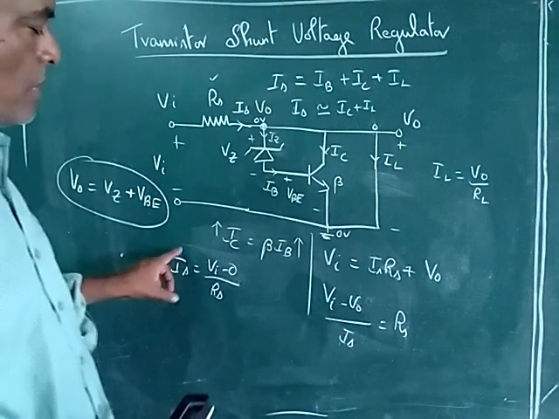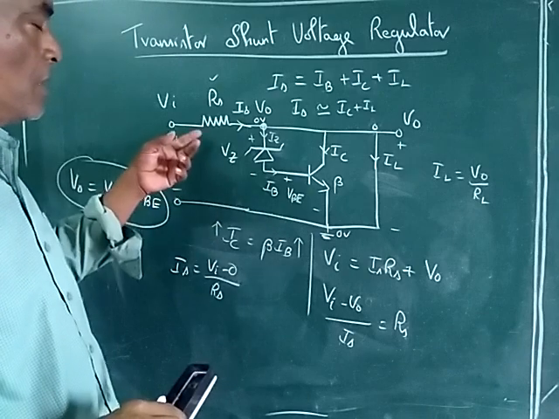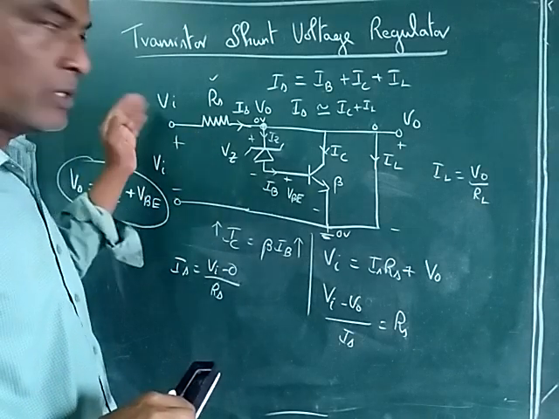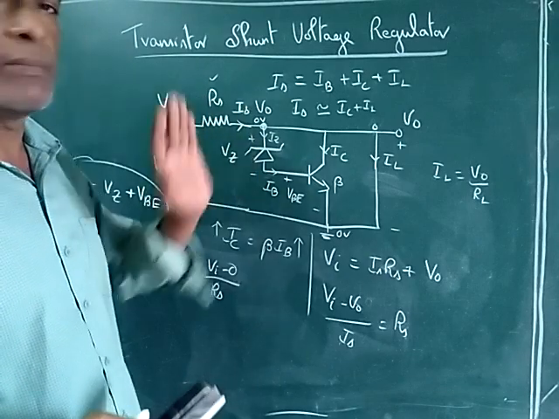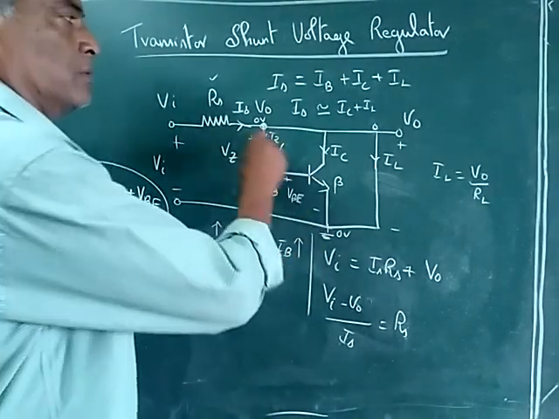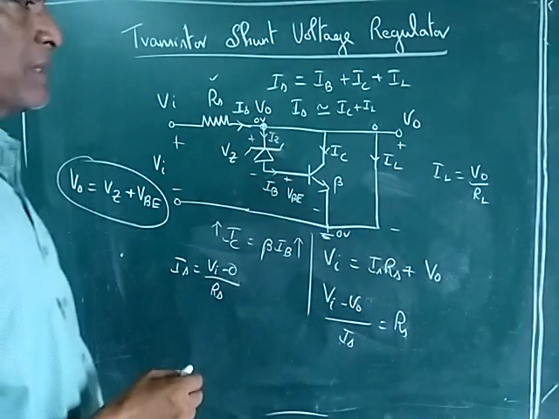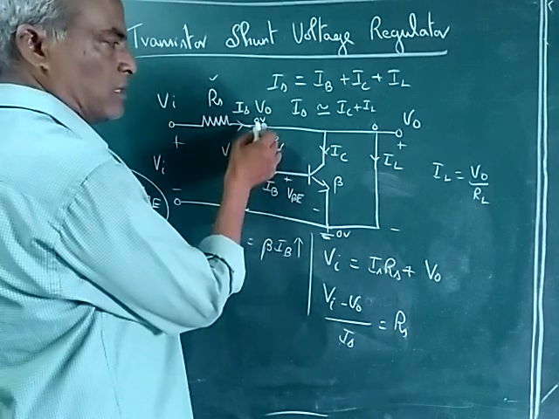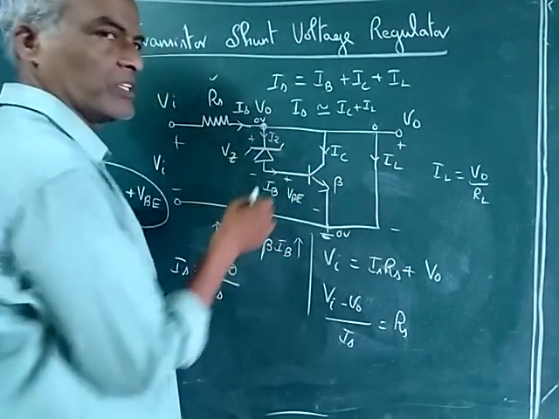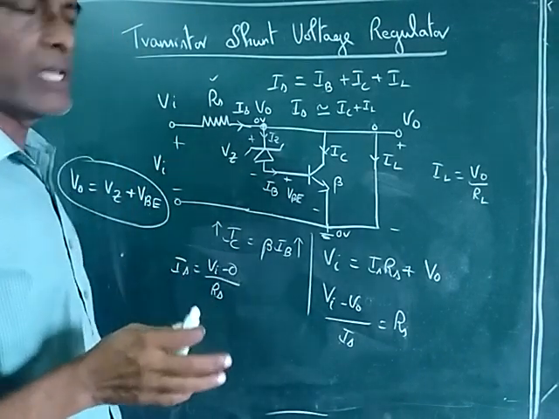So this is the worst case, in which the current sourced from the input side is maximum because of this short circuiting. Whatever may be the case, the transistor is going to operate with a very negligible current.